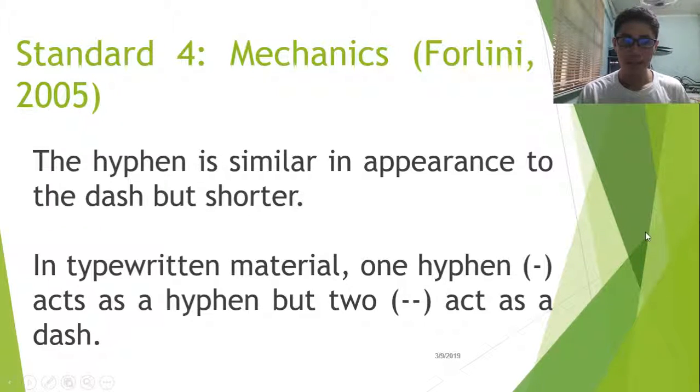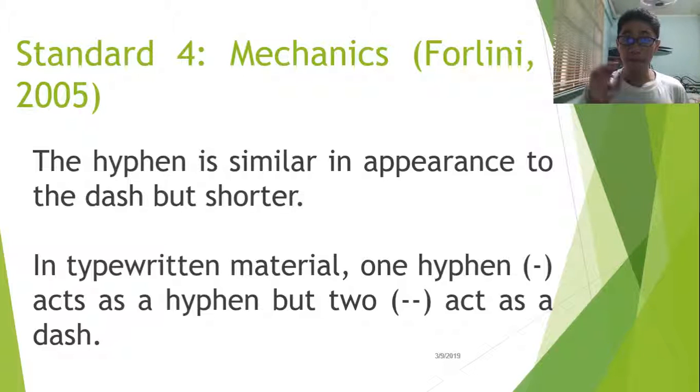One hyphen acts as a hyphen, but two act as a dash. Remember that. Okay, just a piece of extra information. If you want to type an en dash, the one that's used for marking spans of time, you type two hyphens consecutively and then make sure that you place it after a number.